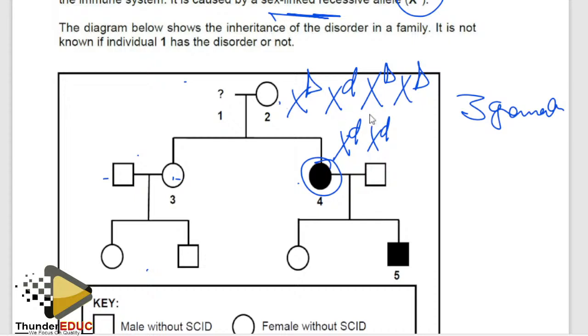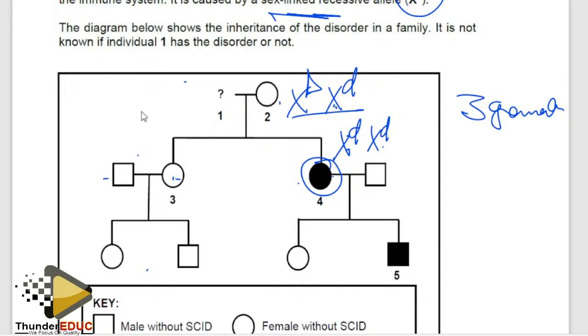Therefore this mother cannot be like this because it gave rise to this. You see, whenever they ask you to identify, make sure that you look at the kids, ne? Yes, which kind of kids they have produced. Therefore, we have identified that because this kid is small d, one came from the mother, so therefore the mother is like this, ne?